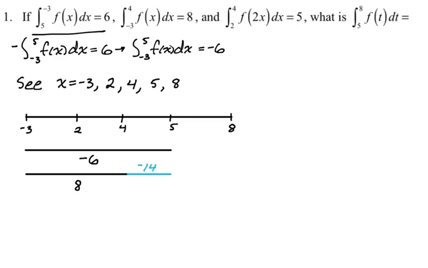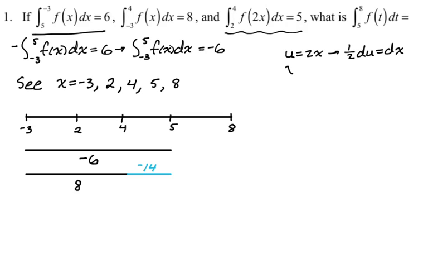Now at this point, I realized that the 2 that I used was a fake value. Well, no, the 4 is good. The 2 came from an integral of f of 2x dx, so I should have actually done a u-substitution there. Say u is 2x, which means 1/2 du is dx.